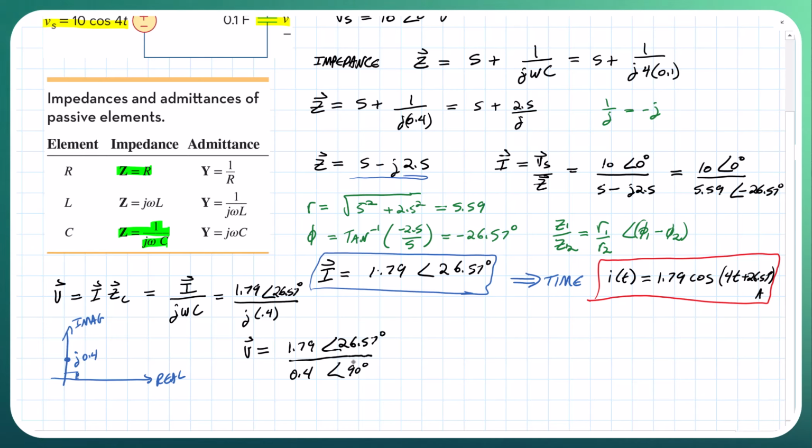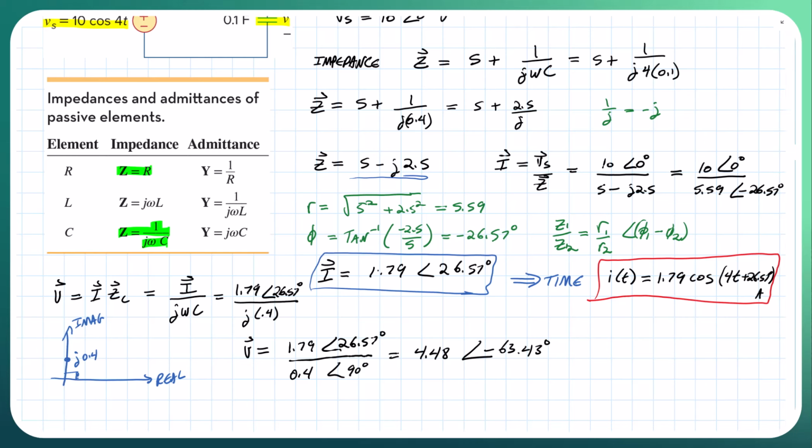We use the same relationship of Z1 over Z2 to do this. 1.79 divided by 0.4 will give us 4.48, and then 26.57 minus 90 degrees will give us minus 63.43 degrees.